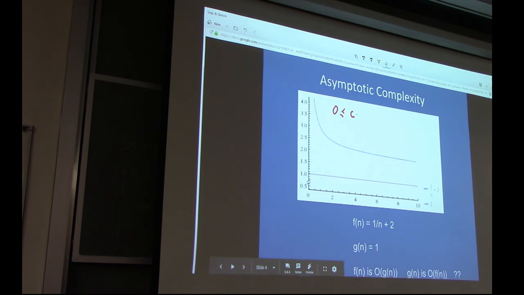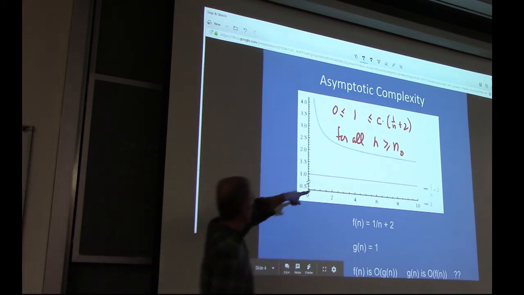So g of n is just 1. So we want a constant times 1 to be less than or equal to the blue curve. And that's what we have to show.